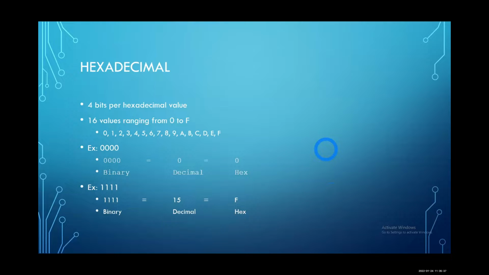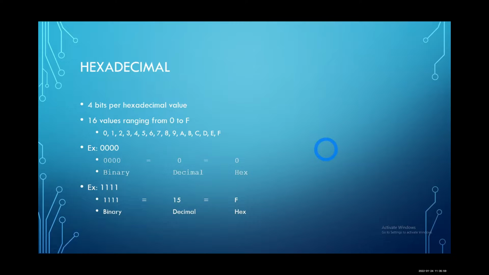So for example, if you think about Bitcoin, is everybody familiar with Bitcoin? Cryptocurrencies. If you've ever seen a crypto address, it's a very long string of numbers and letters, typically written in hexadecimal.